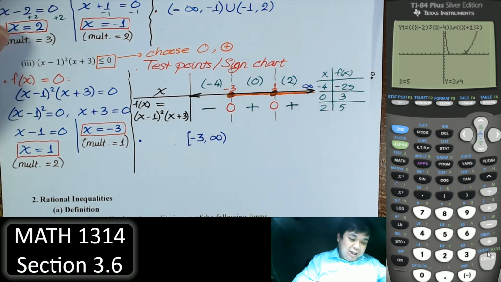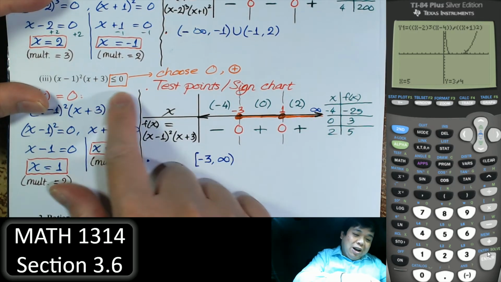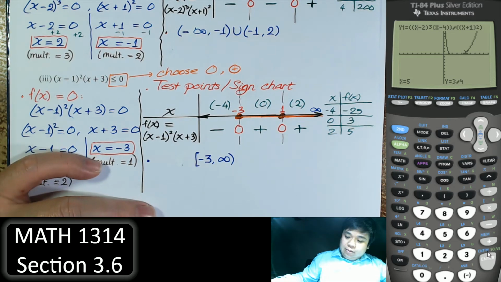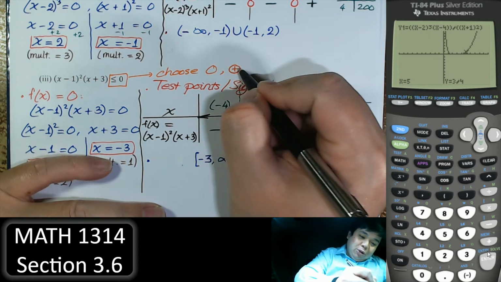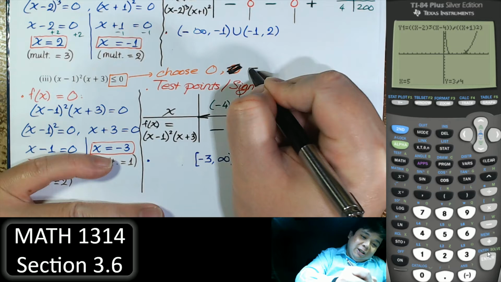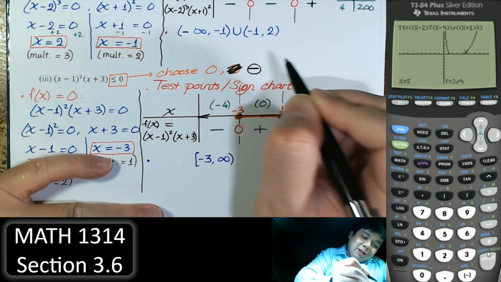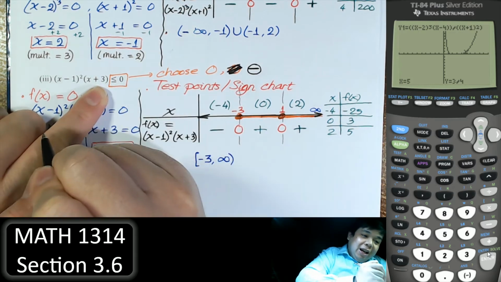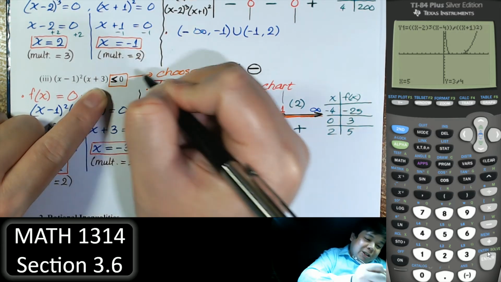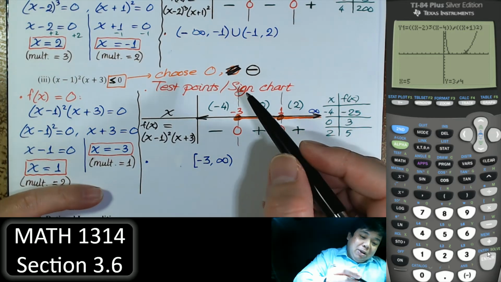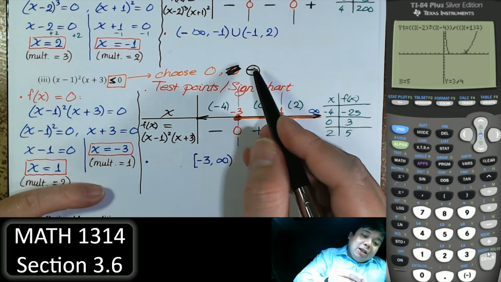I'm sorry, this one is less than or equal to 0, so we have to choose negative. Sorry, less than or equal to 0, choose negative, and choose 0. So this is the previous example that I messed up.